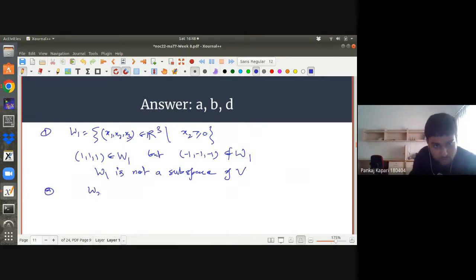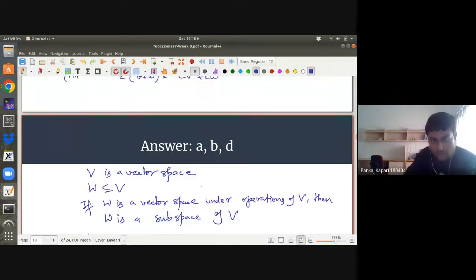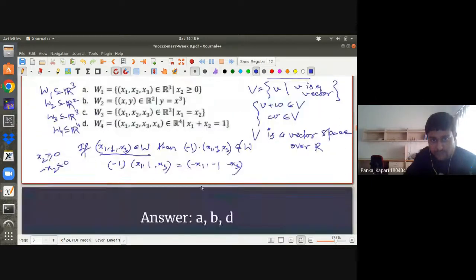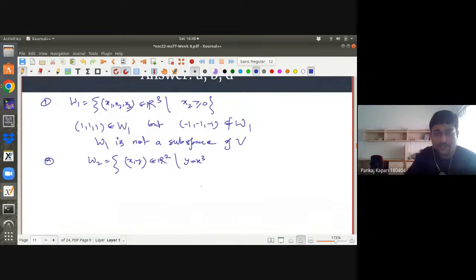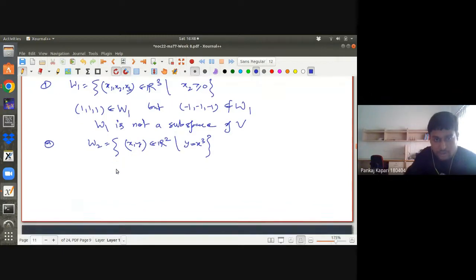What is W2? This is all those (x, y) in R2 which satisfy this equation. What is that equation? y is x cube. Is it a vector space? Can it be a vector space or not?